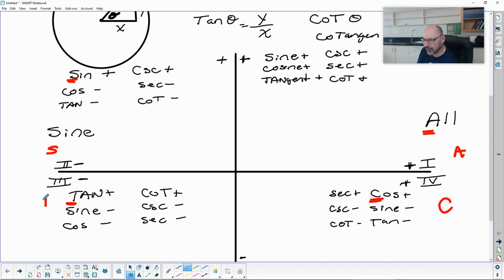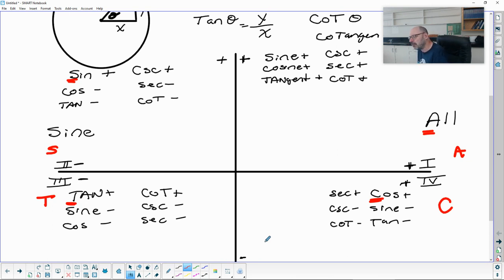So in math, we call this the CAST rule. So cosine is positive in the fourth quadrant, and its reciprocal identity. All are positive. Sine is positive. Tangent is positive. Everything else is negative. And of course, you always have to include the reciprocal identity that goes with it. But if you're just looking at the primary ones, you can look at the CAST rule.